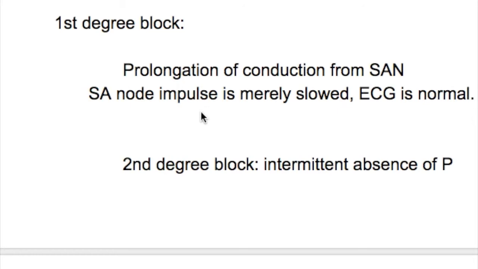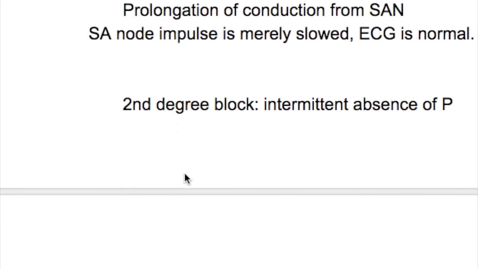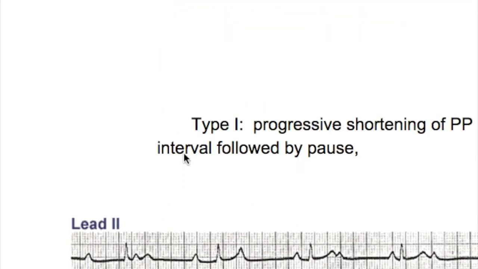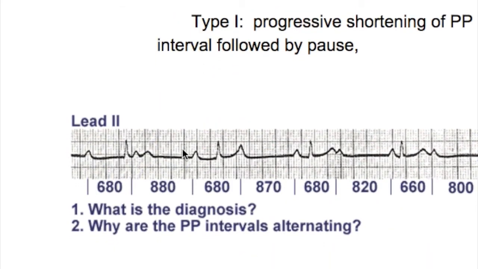There is a problem in the SA node impulse getting out of the perinodal tissue into the surrounding atrial tissues. This cannot be recorded because the external leads do not record the SA node electrical activity, so the ECG is normal.